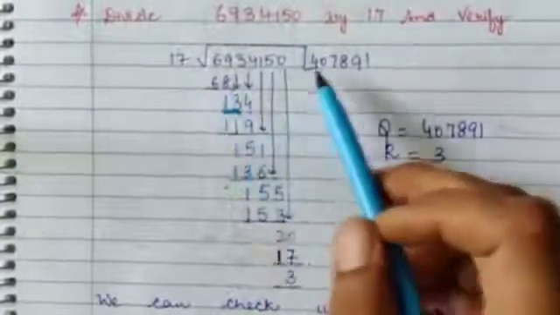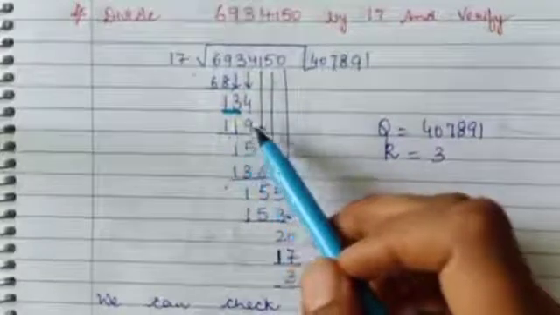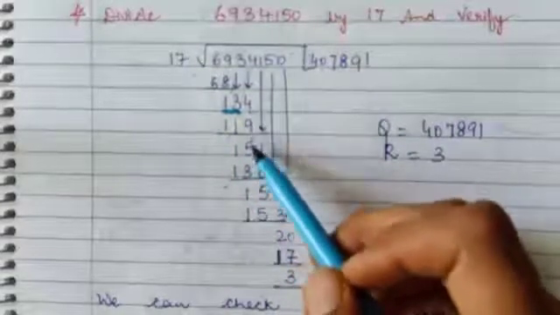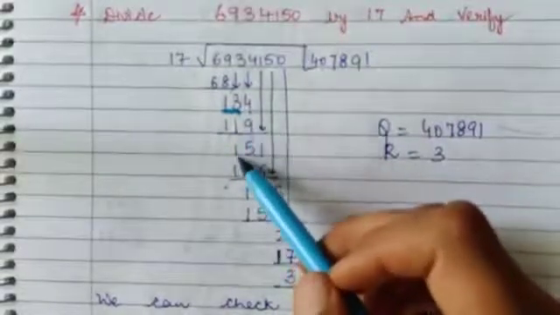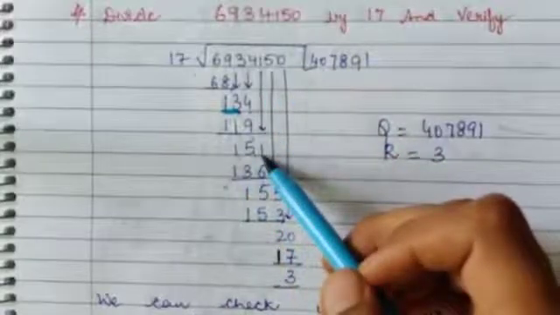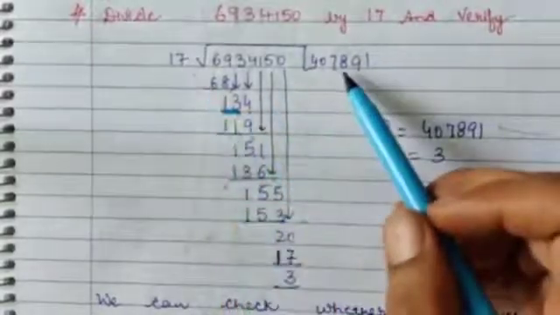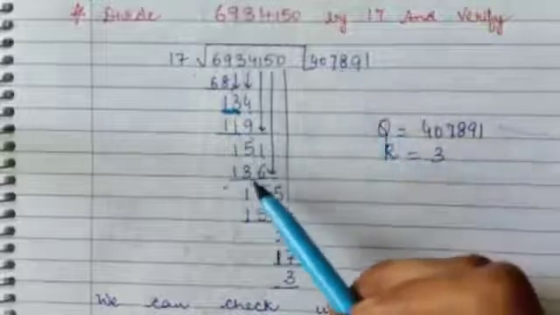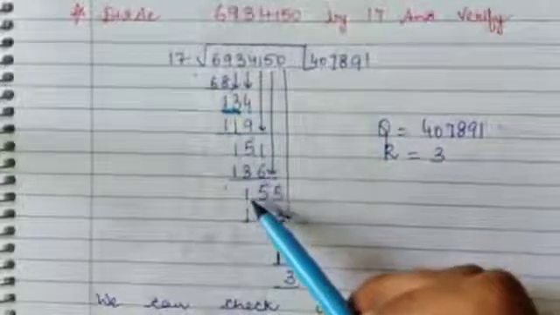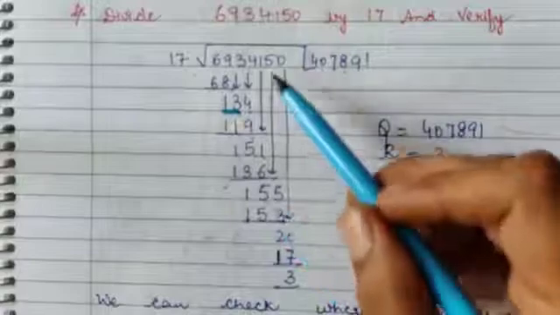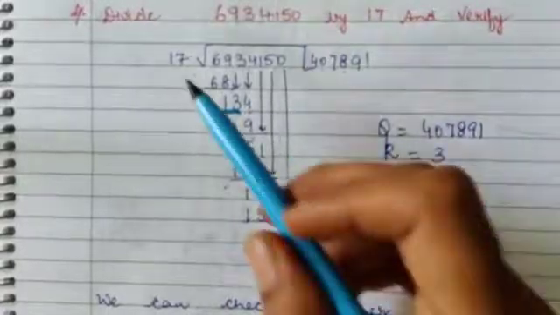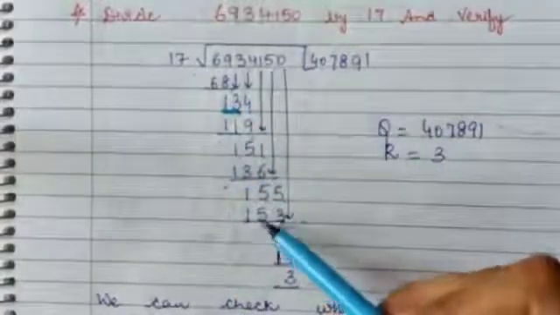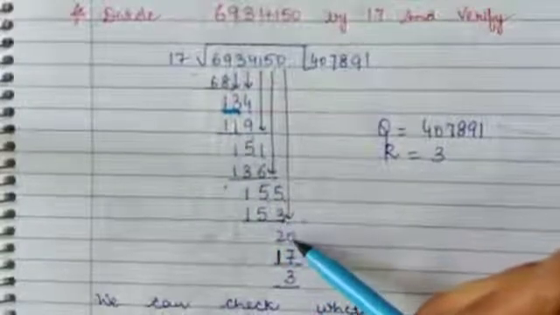So 17 into 7 is 119. So 5 here, 2 minus 1 is 1 here. Now 1 will come down. Now 17 into 8 is 136. So 15 again we get. Now 5 will come down. 17 into 9 is 153. 20 comes down.